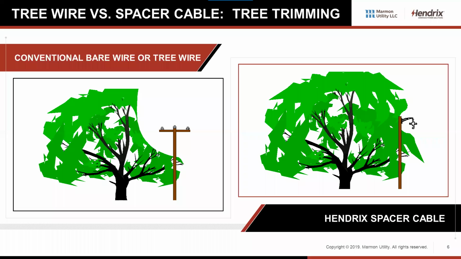Because you have the protection of the messenger on spacer cable versus tree wire, you don't have to worry about removing all the trees on top of a spacer cable system. With tree wire, it's really protecting you mainly against momentary or brush contact. So if any significant tree or tree limb falls on it, it can still bring the conductor down to the ground, just as it would with bare wire.